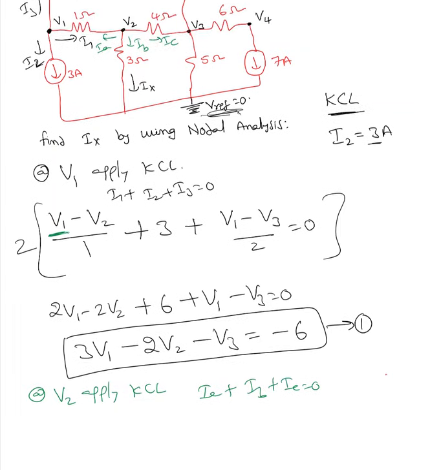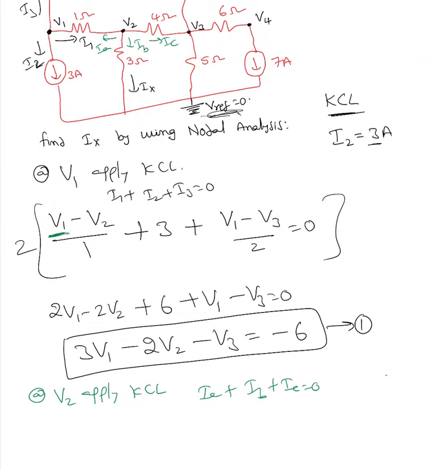So IA is V2 minus V1 over 1, plus IB is V2 minus V reference, which is 0, over 3, plus IC is V2 minus V3 over 4, equal to 0.